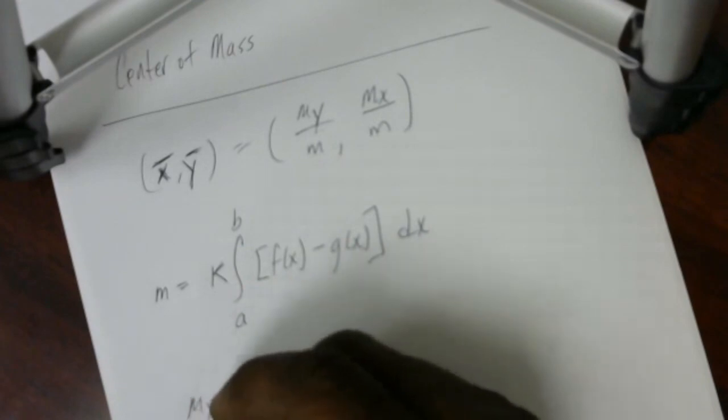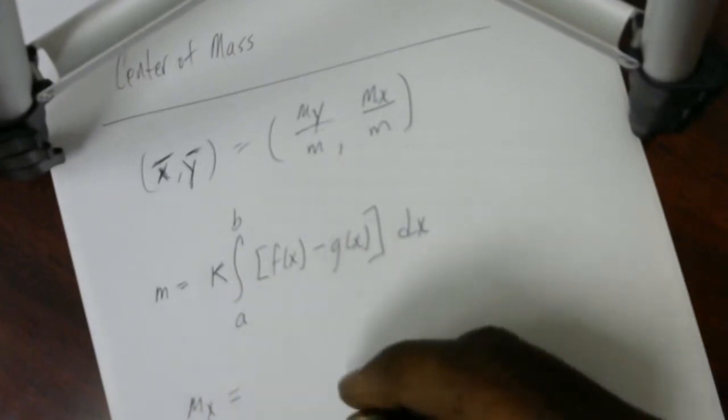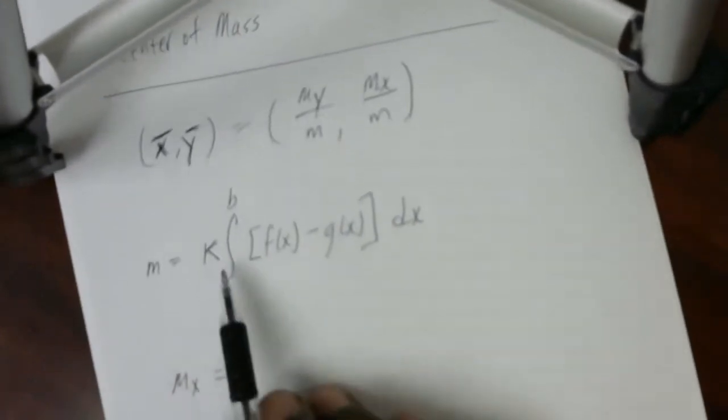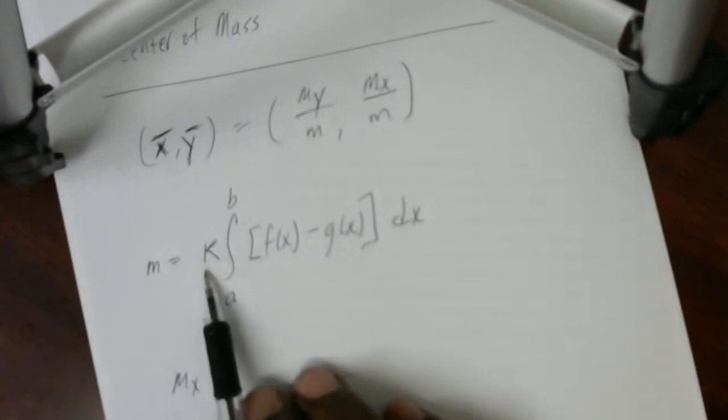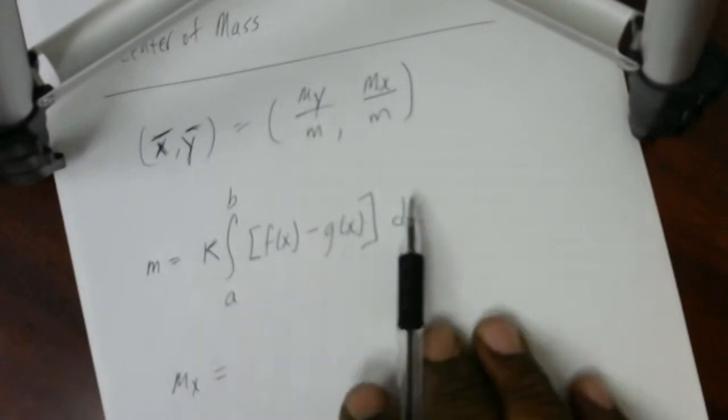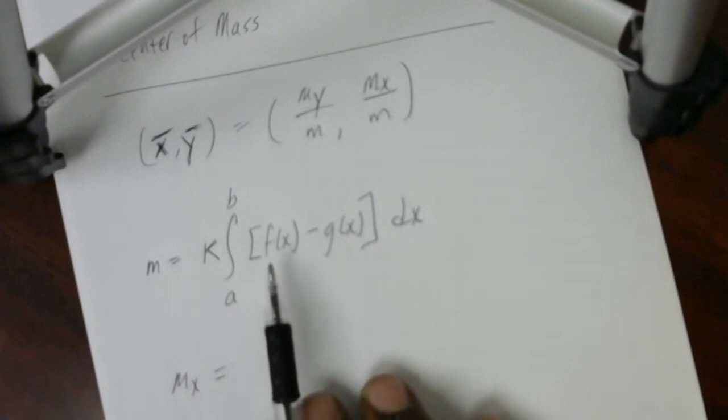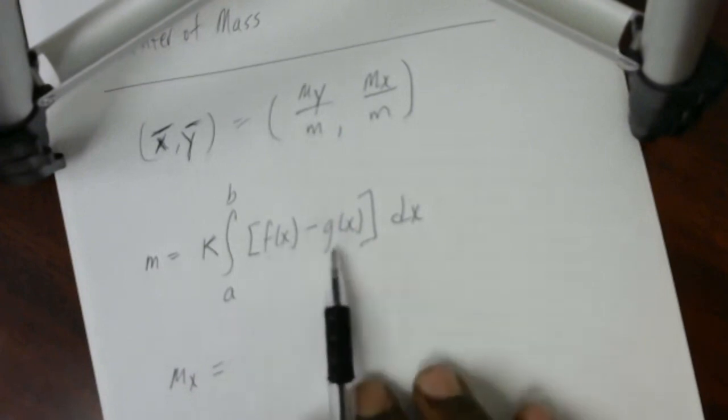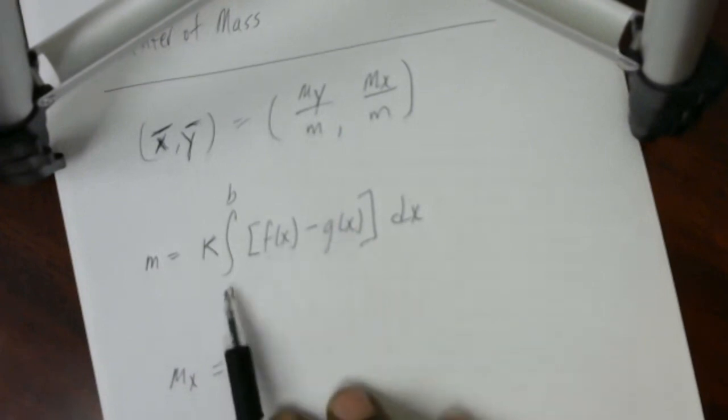The moment about X. Notice that this K is attached to this integral. So you'll be given an f of x, you'll be given a g of x.